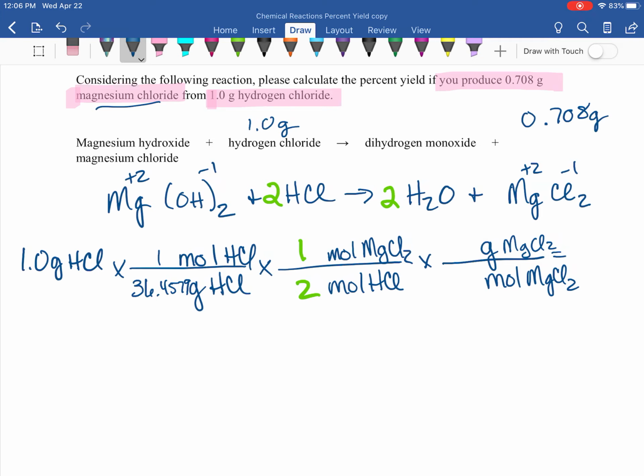All right, how do we add that one up? Magnesium is 24.3050 plus 2 times our chlorine. I get 95.205. I love it. All right, put all this in on your calculator. Let's see what we get.